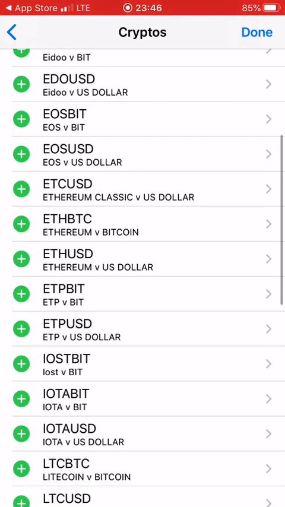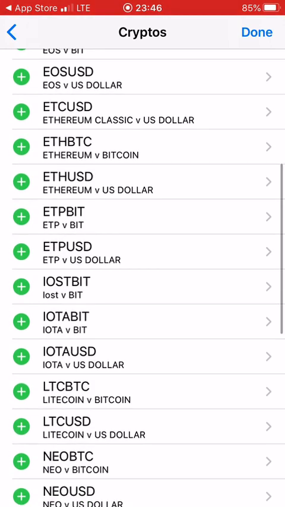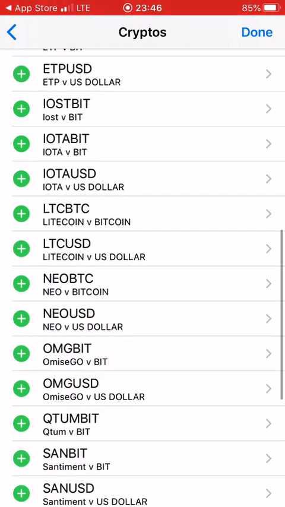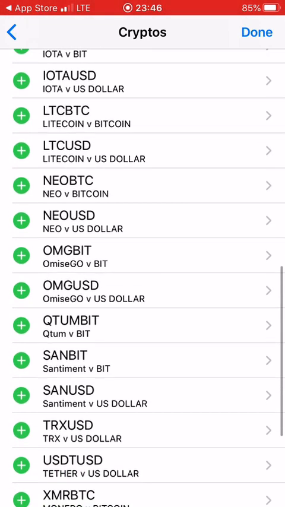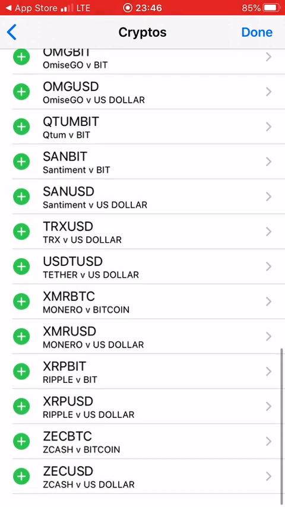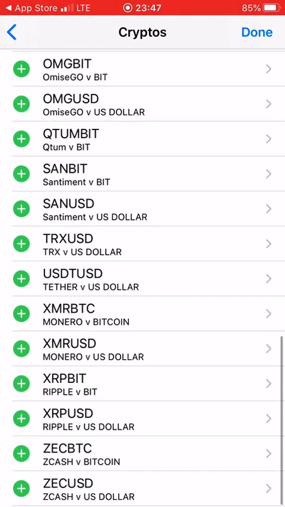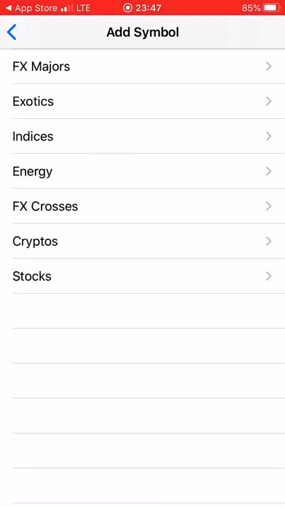You got Ethereum versus Bitcoin. You got Ethereum versus US dollar. You got IOTA, I don't know what IOTA is. You got Litecoin versus US dollar, Litecoin versus Bitcoin. You got Monero versus Bitcoin, Monero versus US dollar. You got Ripple, XRP, USD. So yeah, it covers a broad range.